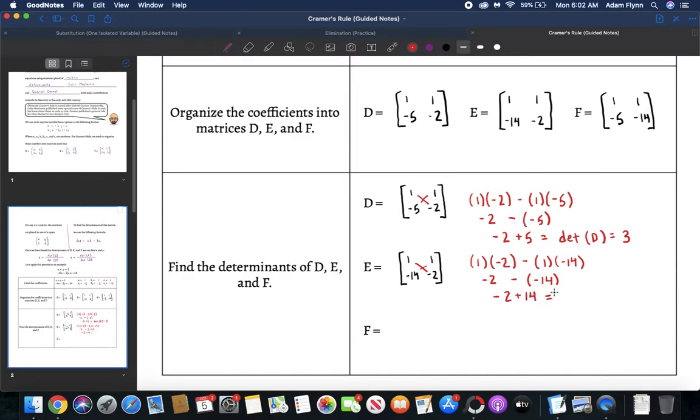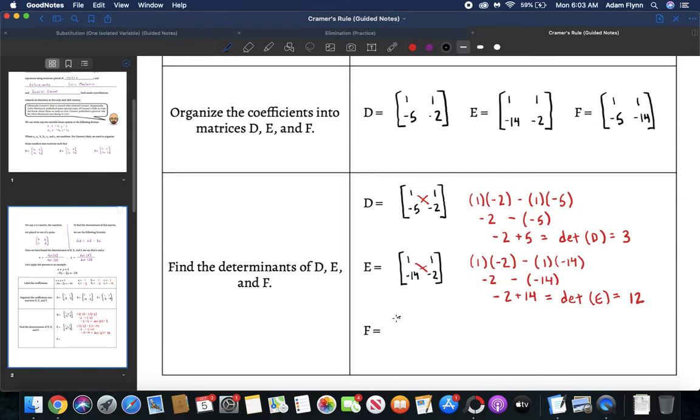And when I do negative 2 plus 14, I'll get my determinant of E, which will be a positive 12. That's just going to chill out for a little bit. I'm going to find the determinant of F, and then I'll be ready to solve for X and Y.